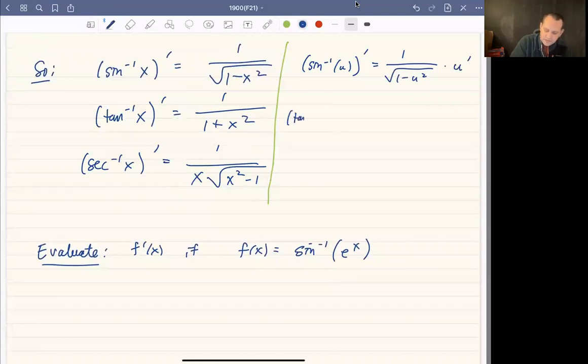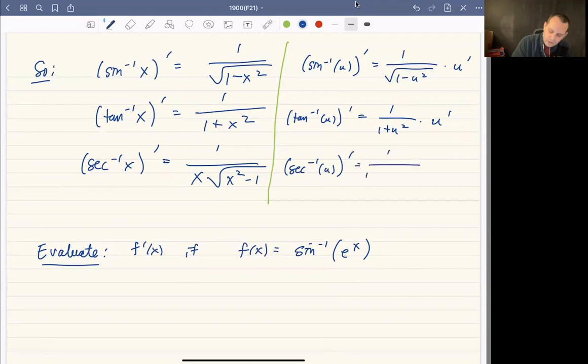The derivative of inverse tangent of u is 1 over 1 plus u squared times the derivative of the inside. The derivative of inverse secant of u is 1 over u times the square root of u squared minus 1 times the derivative of the inside.